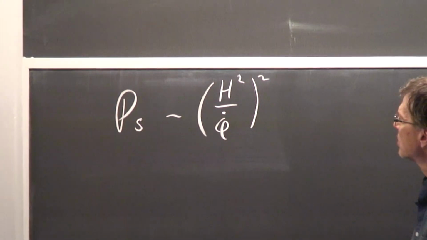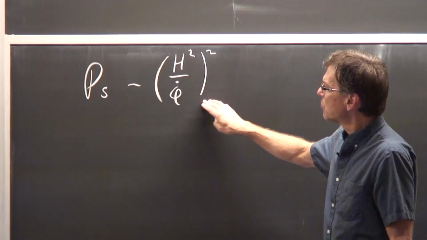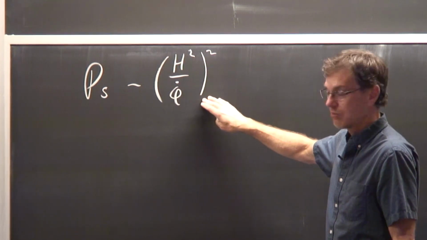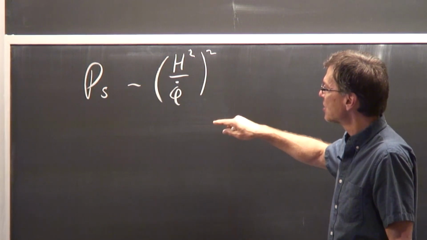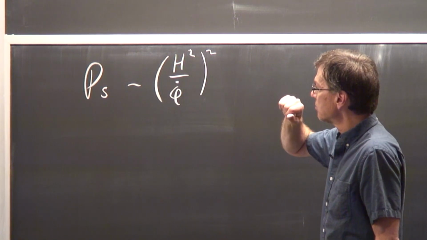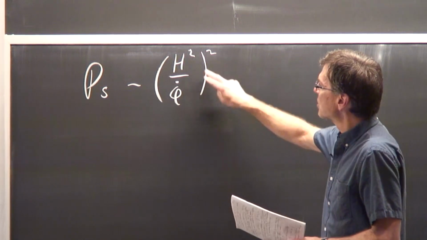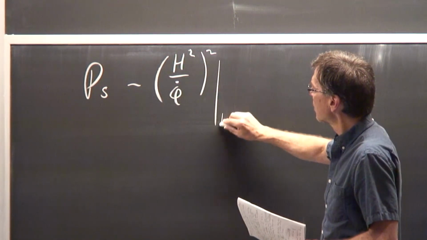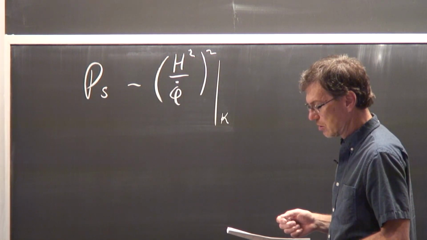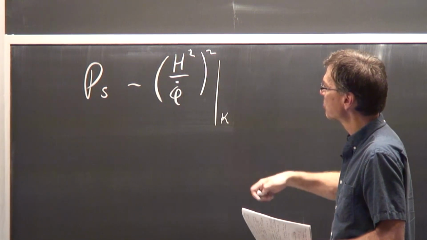And so what one needs to say to explain how the scale dependence is coming in is that this is evaluated at this scale. This is evaluated at the moment when the scale exits the horizon.